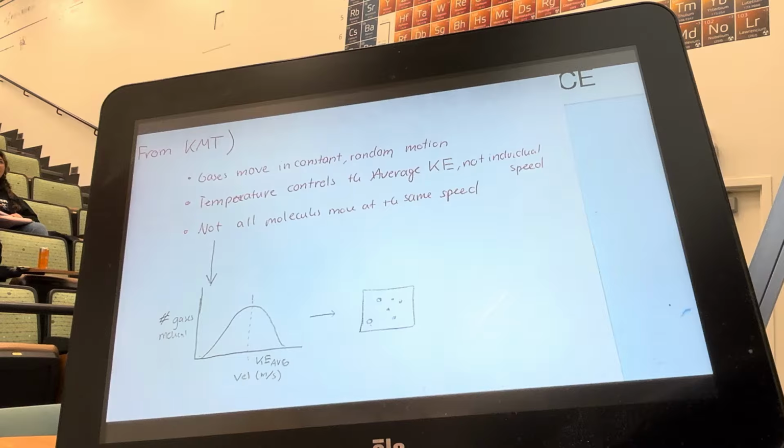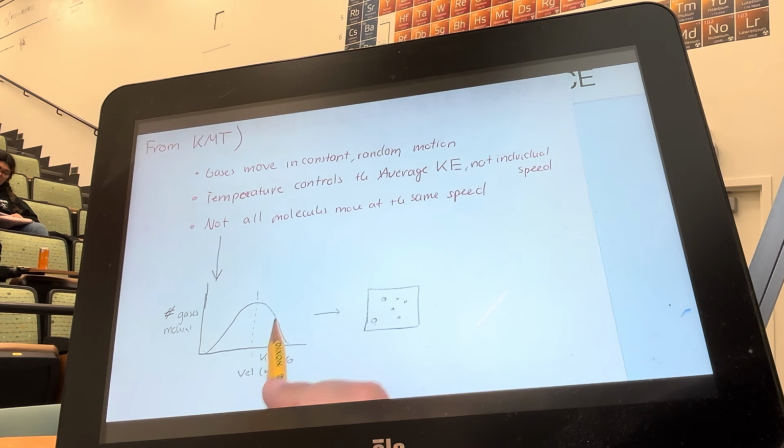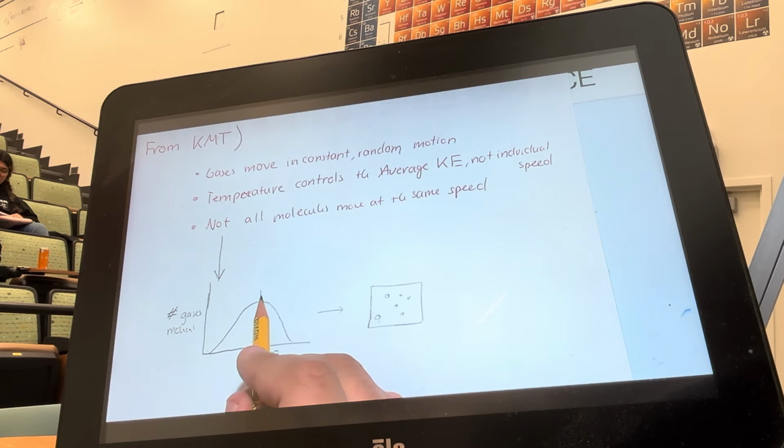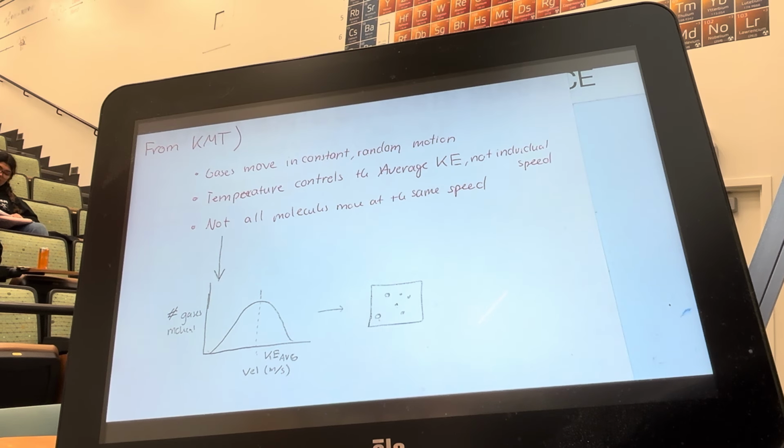At the end of the day, what you do with average kinetic energy is take an average of all the different speeds of the gas particles and then report that, which statistically is the most populated point in the middle of the peak. So that is the average kinetic energy.